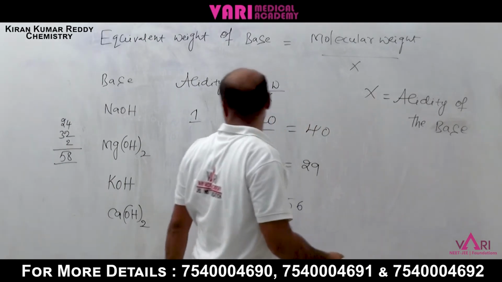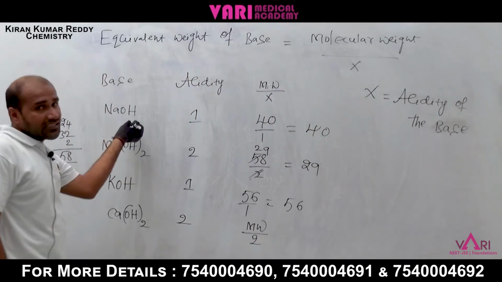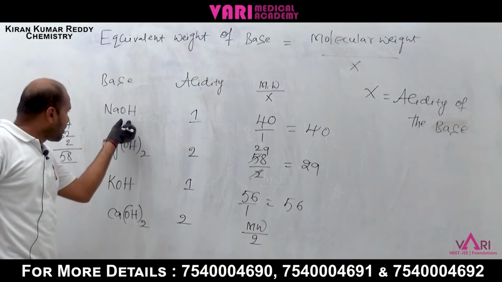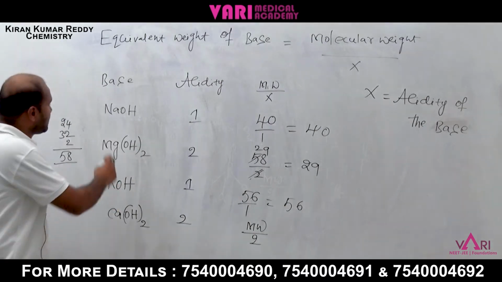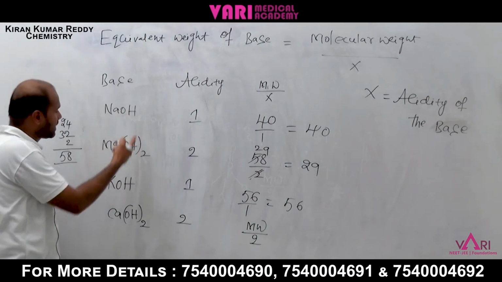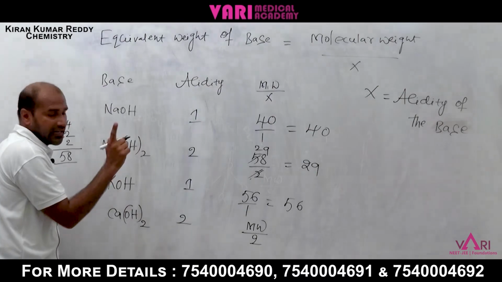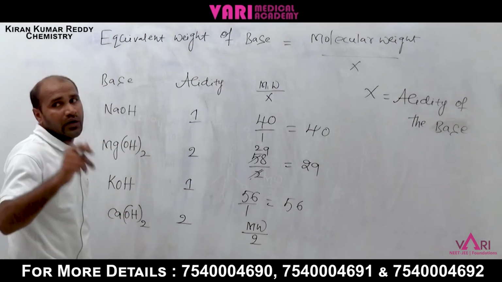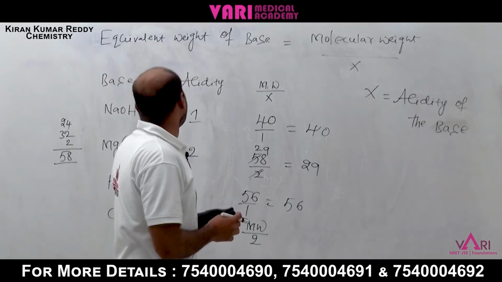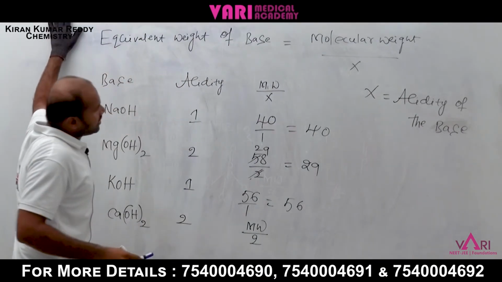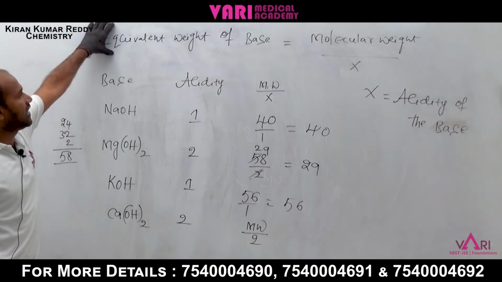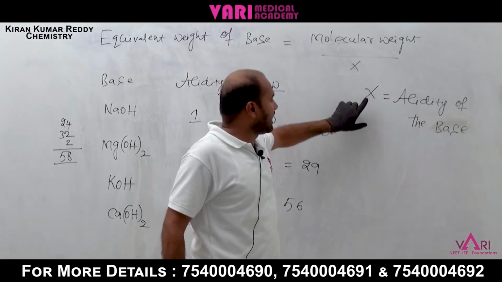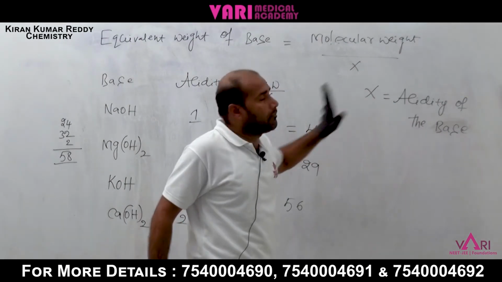What does acidity mean? The number of replaceable hydroxyl groups present in the base structure. NaOH has 1 hydroxy group, magnesium hydroxide 2, KOH 1, calcium hydroxide 2 hydroxy groups. So the equivalent weight of a base is molecular weight by X, where X means the acidity of the base.